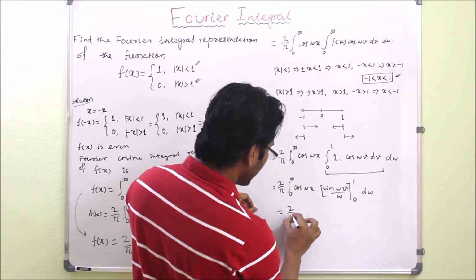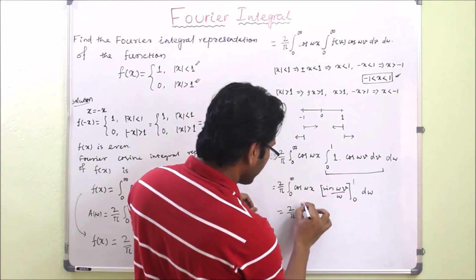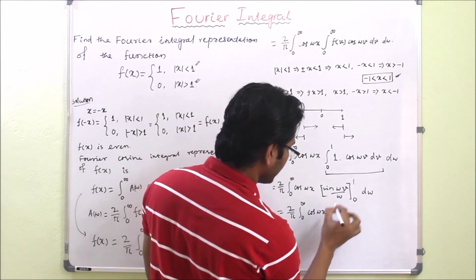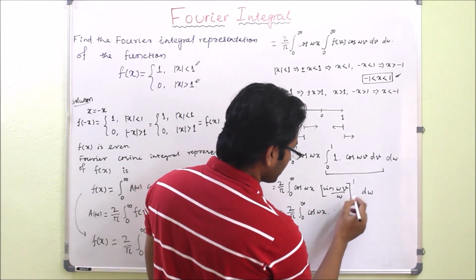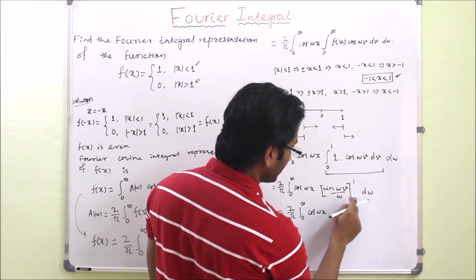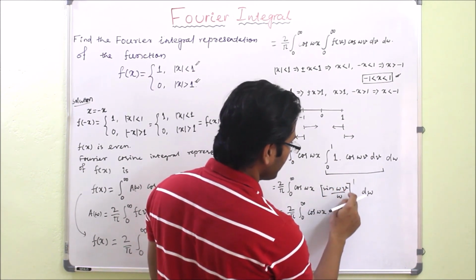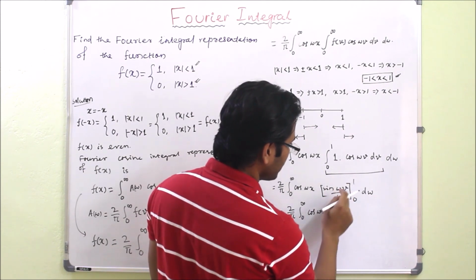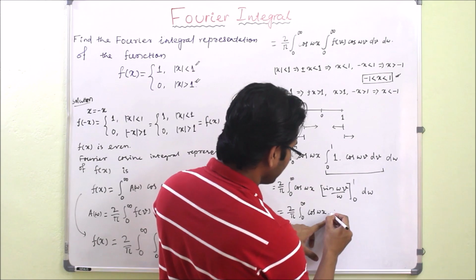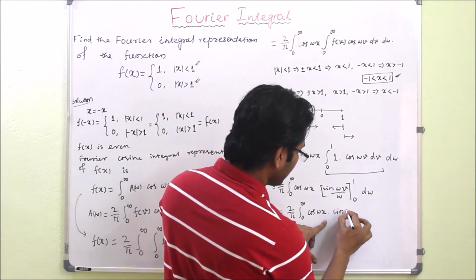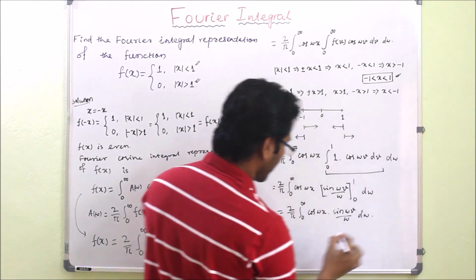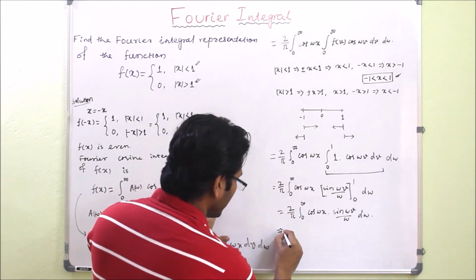Now, if I put v equal to 1, we get sin w by w. If I put 0 in place of v, sin wv will be 0, so the total will be 0. So finally we write sin w by w dw.